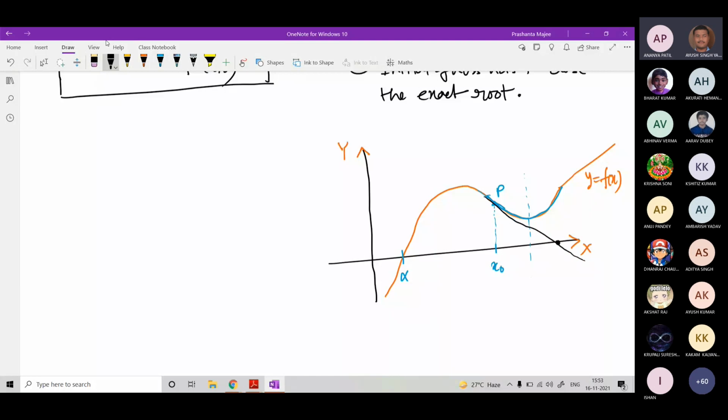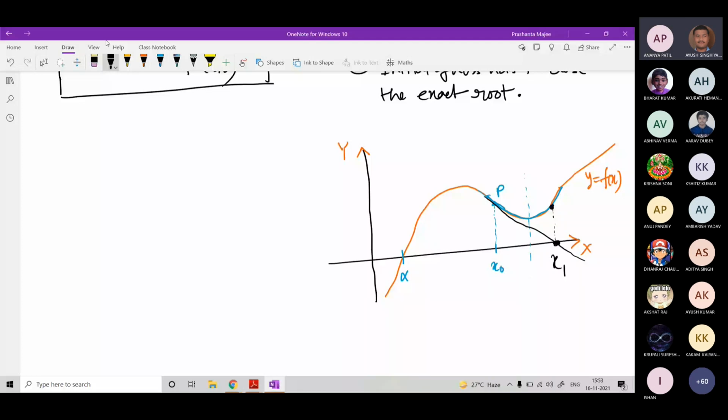So this black dot is the next approximate root, yes or no? So this is x1. Okay, so to get x2, what shall we do? We'll draw a tangent at which point? At x1.